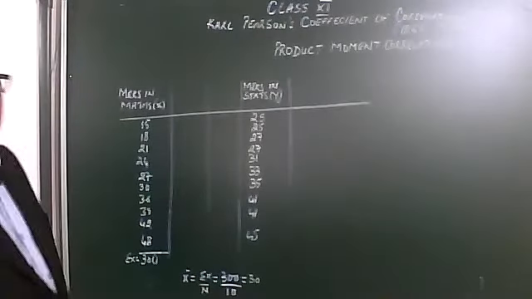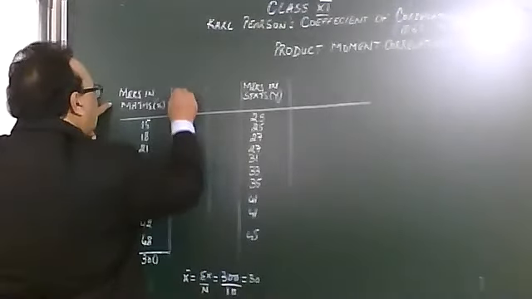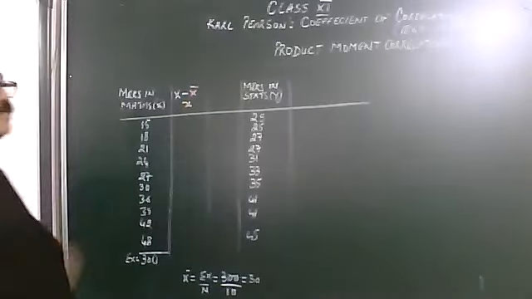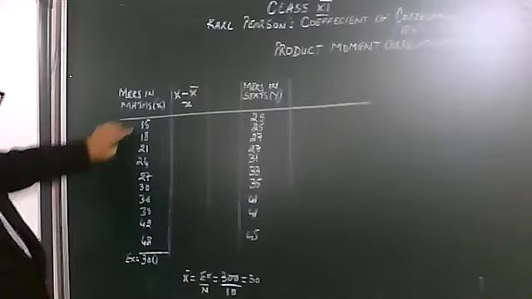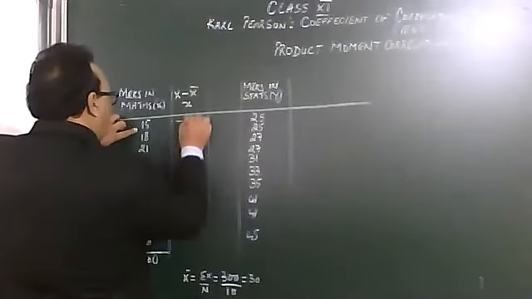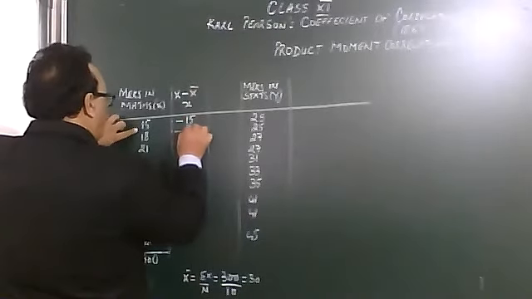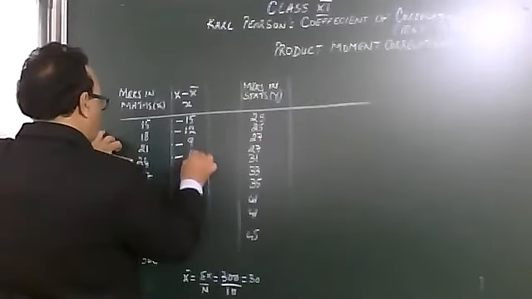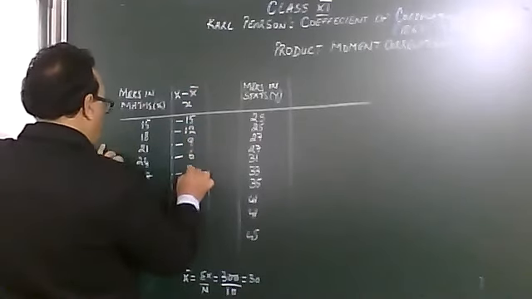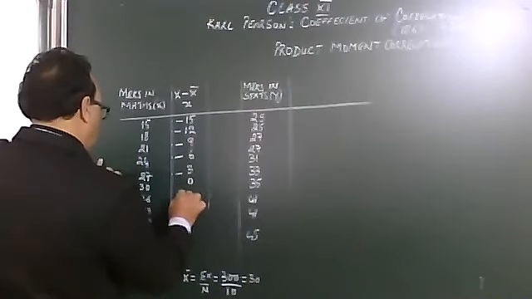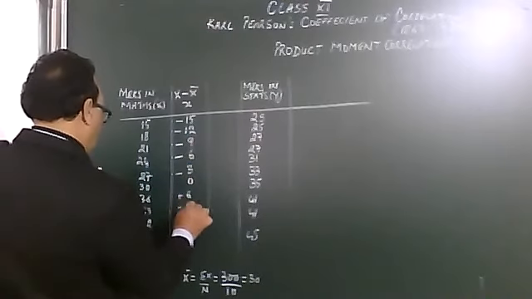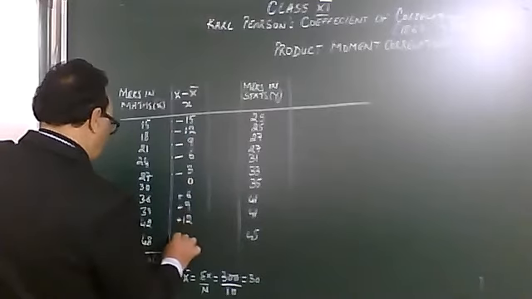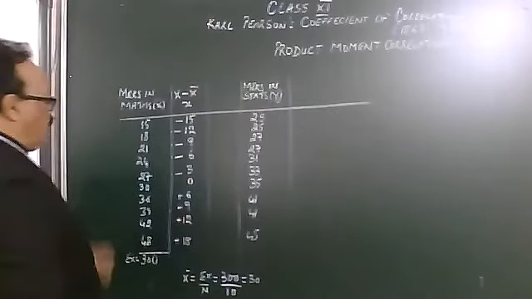From the mean calculated, we will find x minus mean to get the deviation, which is small x, let us say. So 15 minus 30 is minus 15, minus 12, minus 9, minus 6, minus 3, 0, plus 6, plus 9, plus 12, plus 18.